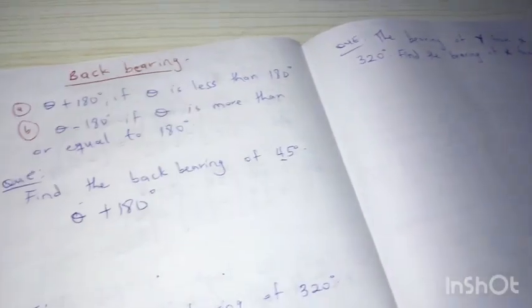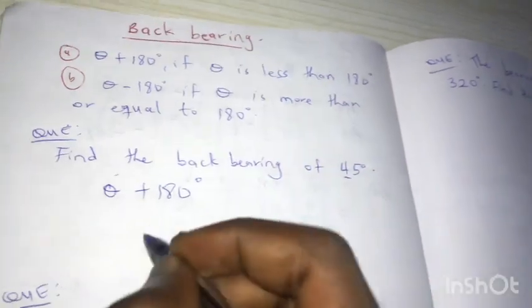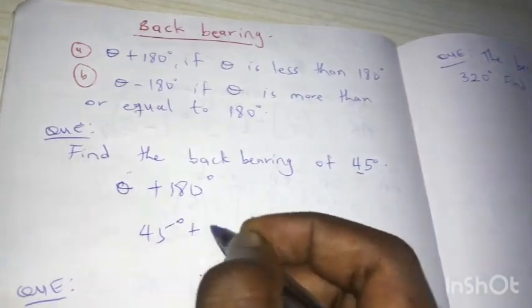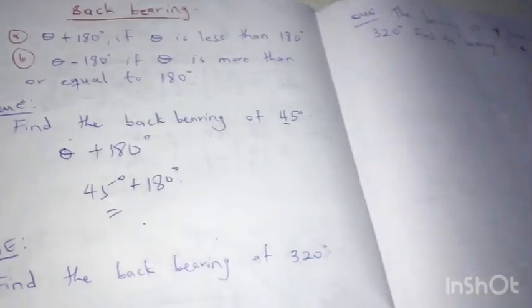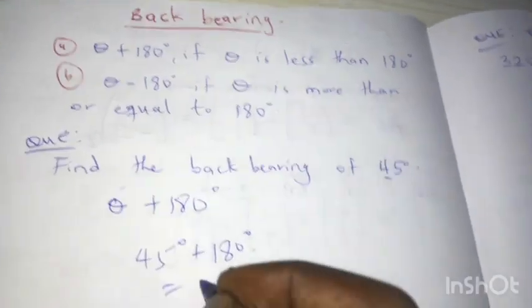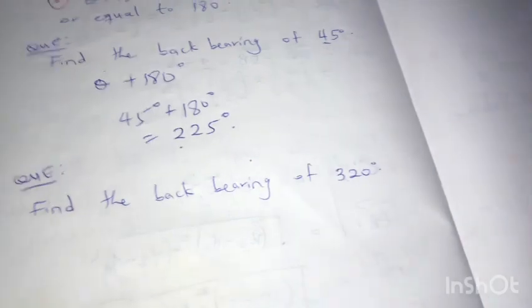Now our theta is the angle, so 45 degrees plus 180 degrees. I'll use my calculator because I don't want any trouble here. So we are going to get 225 degrees, and that's all.